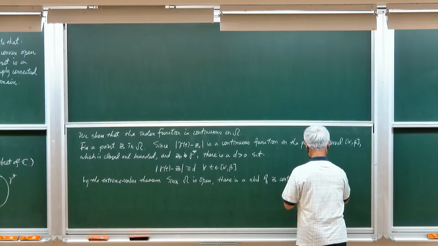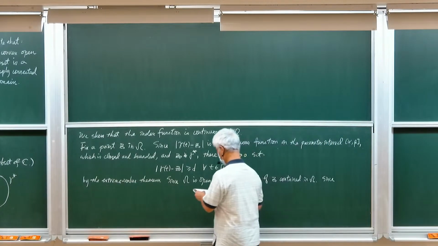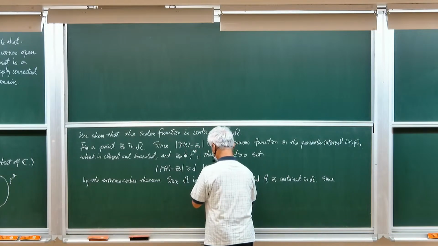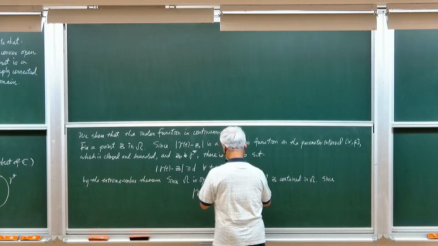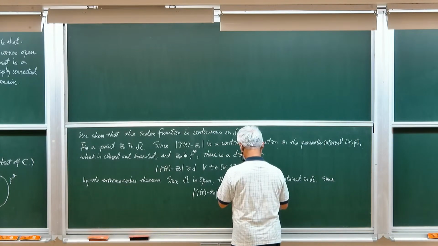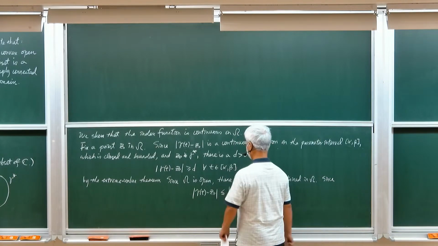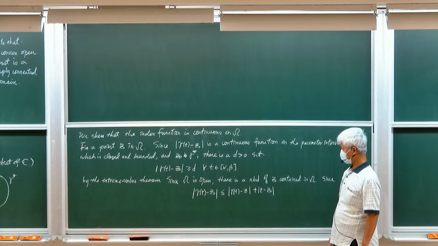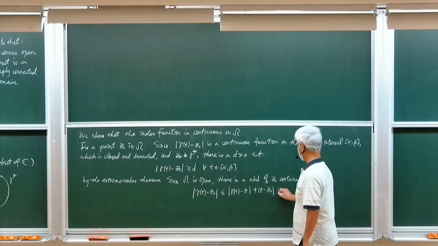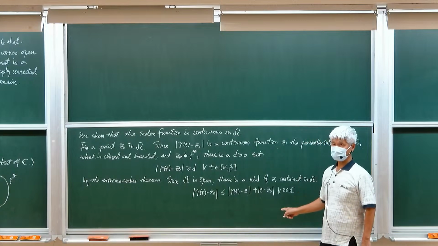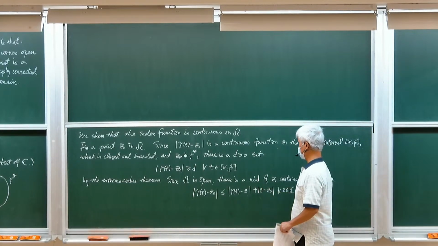Now, since |gamma(t) - z0| is less than or equal to |gamma(t) - z| plus |z - z0| for all z in C, this is just the triangle inequality in the complex plane.